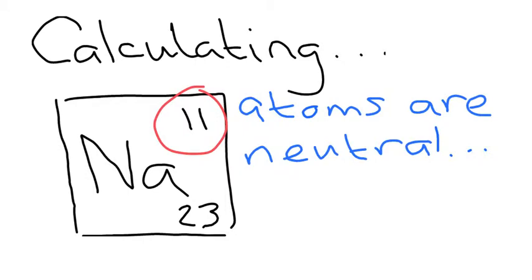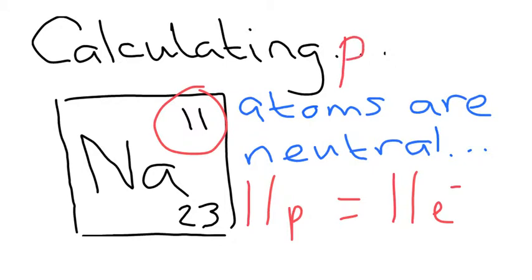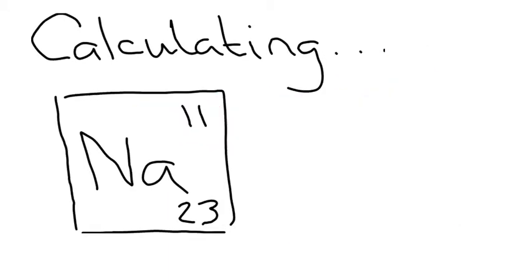What that means is if we have 11 positive protons, that means to cancel out those charges we would need 11 negative electrons. So inside an atom, a key rule you need to understand is that the number of protons equals the number of electrons. So your atomic number in an atom doesn't just tell you how many protons there are, it can also tell you how many electrons there are.